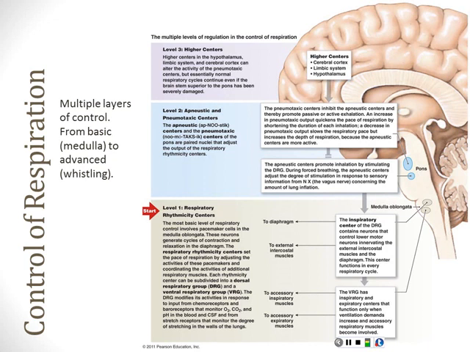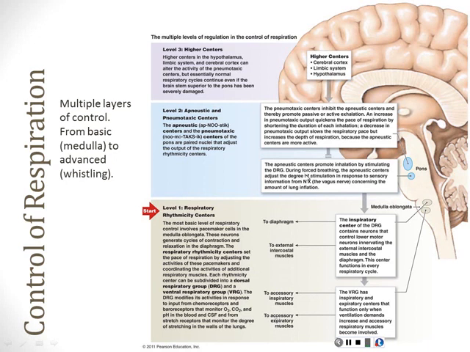So there are multiple levels of control over the respiratory tract. The DRG and the VRG are sort of the basics, right? That's going to control things that we never think about, like increasing our rate of breathing when we exercise. We don't do that on purpose, right? But the DRG and VRG do that for us.